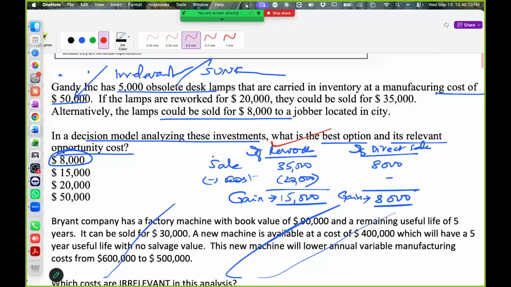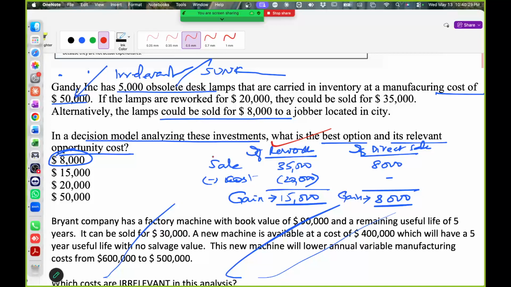Okay, why does it matter? Is the management crazy? Are we crazy? Why are we going for direct sale?